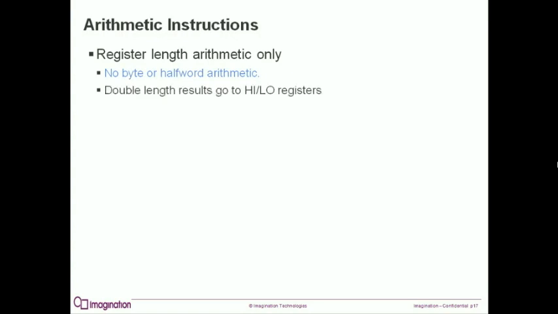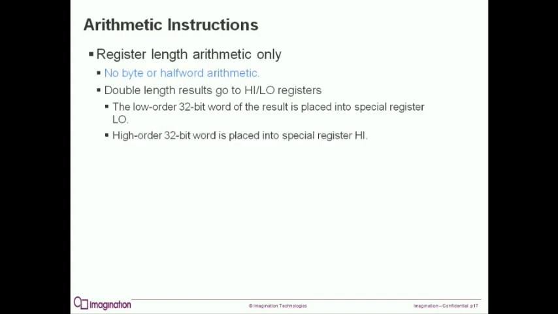Double-length results from multiply and divide instructions are placed into 2 special registers called high and low. The least significant 4 bytes go into the low register, and the most significant 4 bytes go into the high register. There are additional instructions to move these values from these registers into the general purpose registers, which I'll cover later.